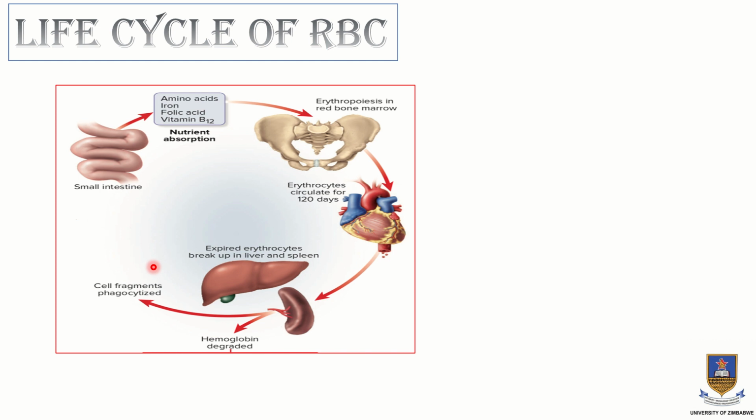The cycle can also continue from the GIT, where we absorb nutrients such as amino acids, iron, and folic acid to make these red blood cells via erythropoiesis in the bone marrow.